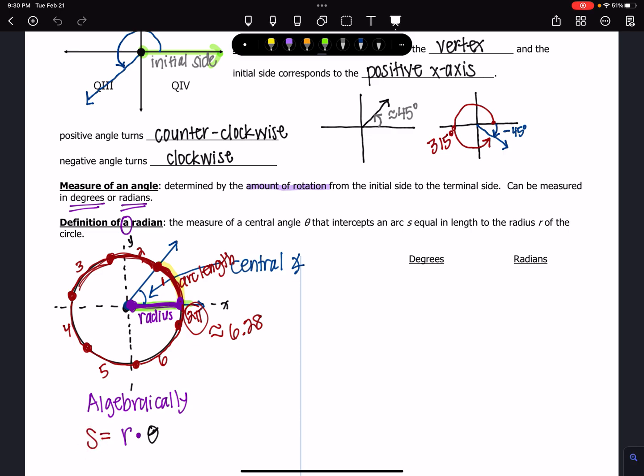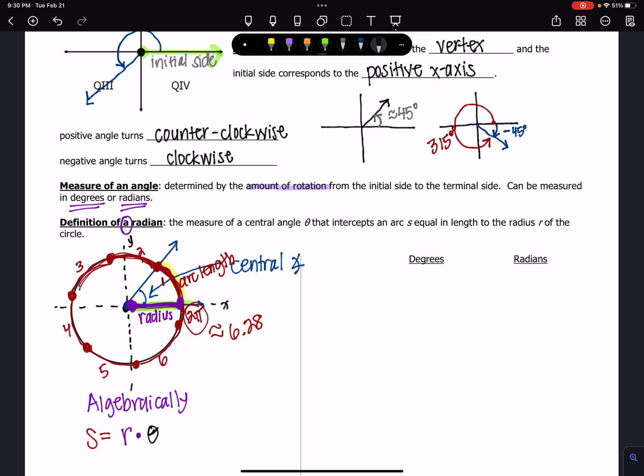Your arc length might be measured, think about that string, in centimeters or in inches. So let's just pretend it's centimeters. If this arc length is measured in centimeters, I'm going to have centimeters equal centimeters. So in order for that to happen, I'm going to need theta to not have a label.